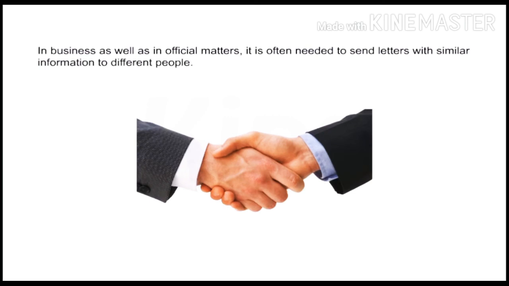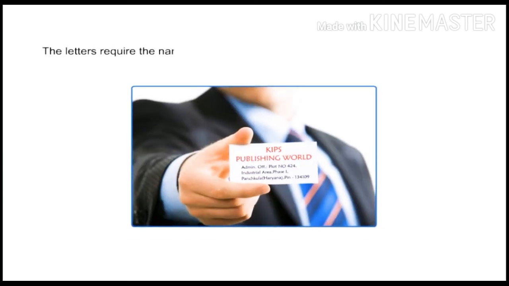In business as well as in official matters, it is often needed to send letters with similar information to different people. The letters require the name and address of each recipient to be printed on the top.